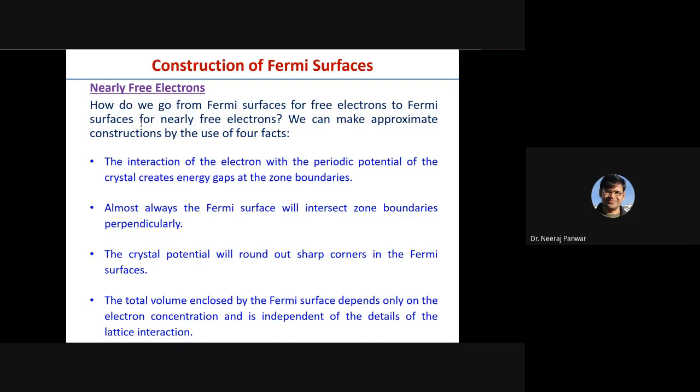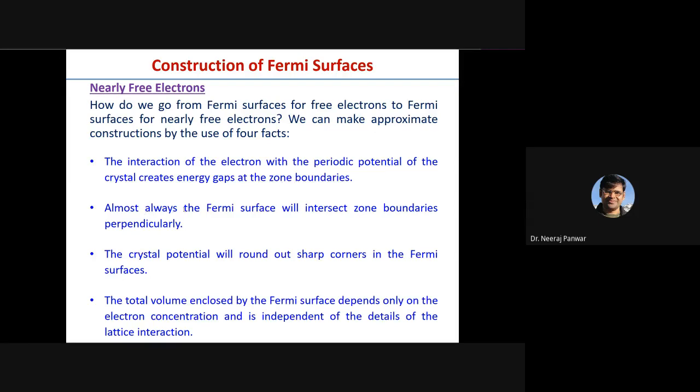So we can make approximate constructions by the use of 4 facts. We need to remember these 4 points. The interaction of the electron with the periodic potential of the crystal creates energy gaps at the zone boundary. This we have already seen.